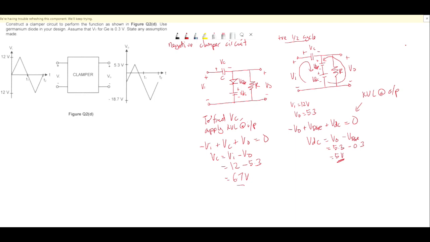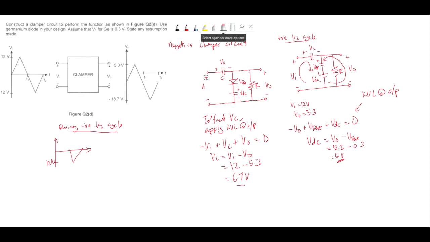So we get the VC is equal to 6.7 volt. Next we need to apply during negative half cycle. This waveform, 12 volt. During negative half cycle, you need to analyze the circuit using the new polarity.